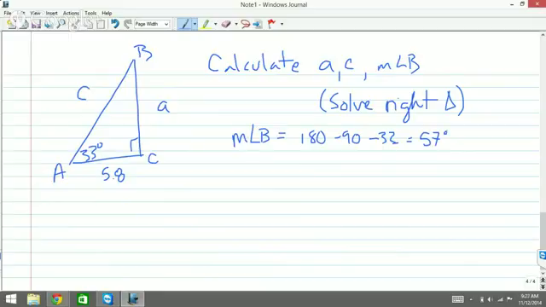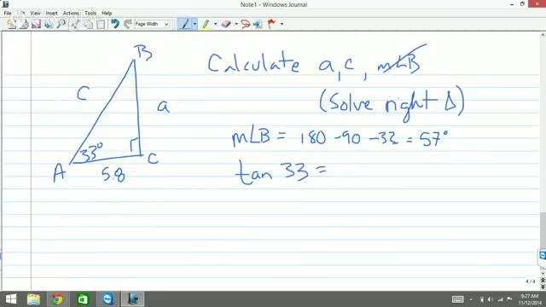Yep, 180 minus 90 minus 33 is 57. Got it. Okay, that's one of them. Now A and C. How can I solve for A? Yep, because we have opposite here and adjacent here, so tan works.